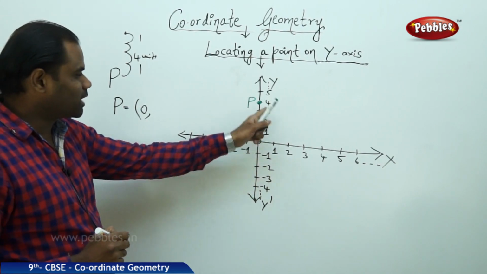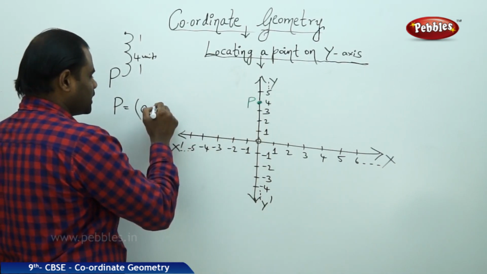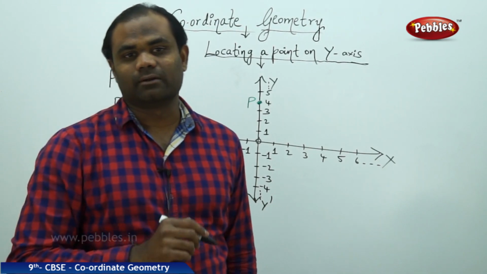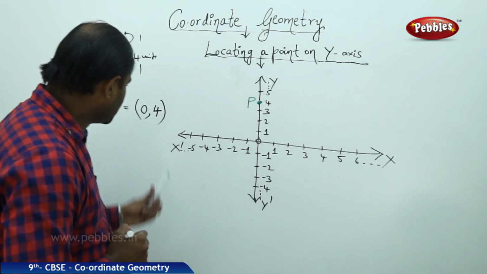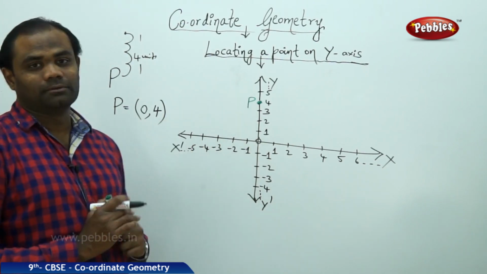Only its y coordinate changes, jumping 4 units up to the positive side. Hence the coordinates of P are 0, 4.